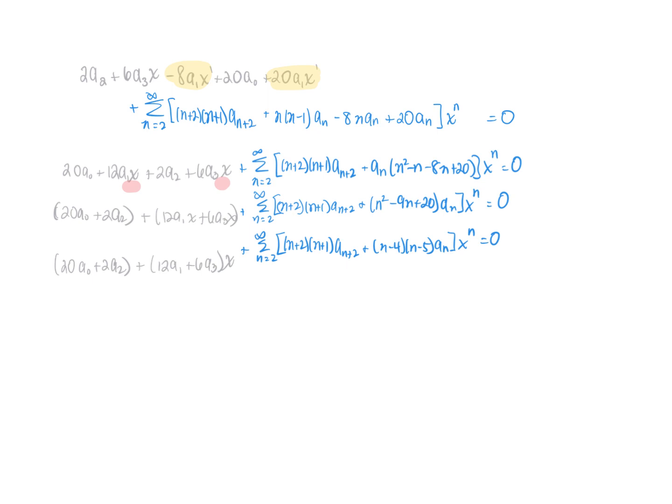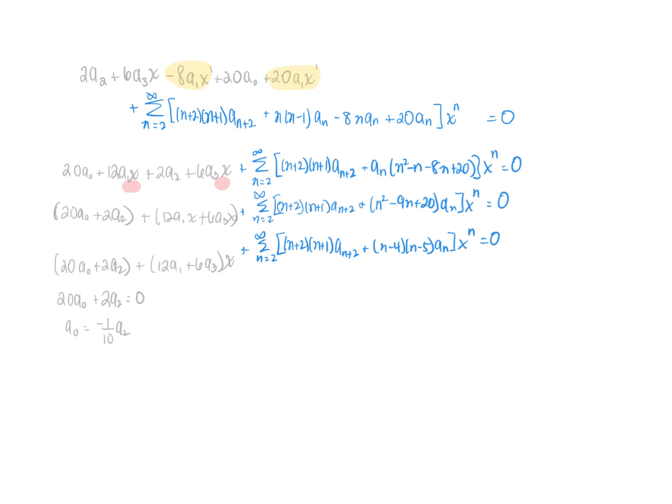And this is where we start getting into equating coefficients once again, like we were doing with our constant coefficient second order. Because on the left-hand side, we have 20a naught plus 2a2, and it has to equal all of the constants we have on the right, which is just 0. So we find out that a naught is negative 1/10 a2.